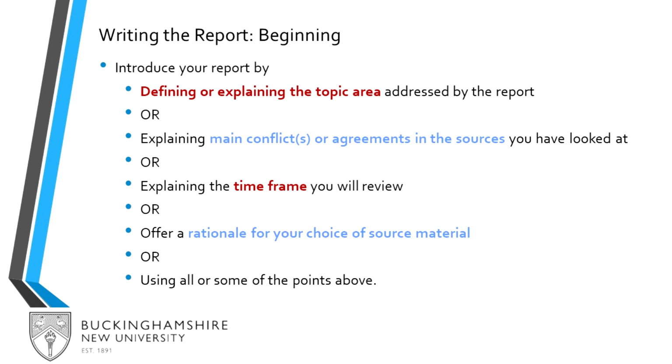Likewise, you may want to also offer a rationale for your choice of source material. So again, if this is going to be important, i.e. the methodology behind the selection of source material, perhaps you had a very particular reason for selecting some texts and not selecting others, it would be a good place to specify that early on within the report. So that's a good thing to be mentioning if you're going to do that.